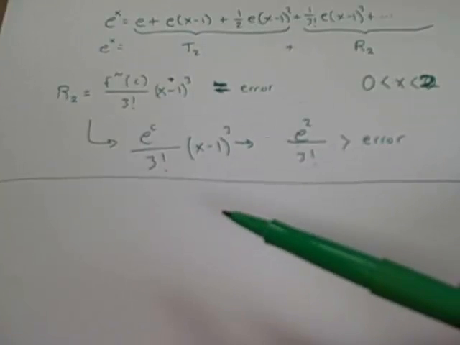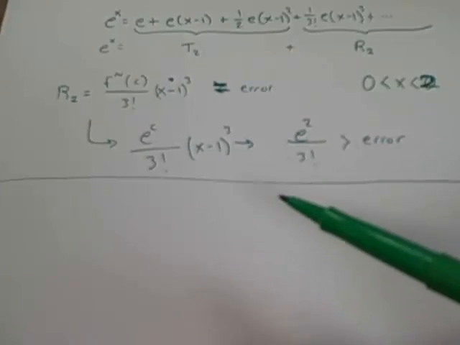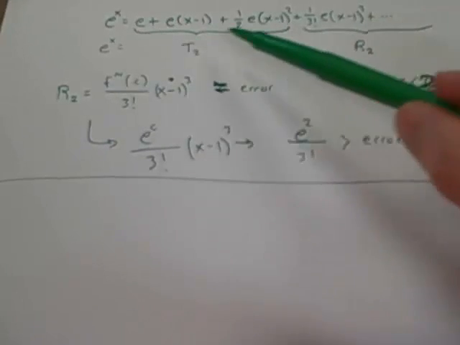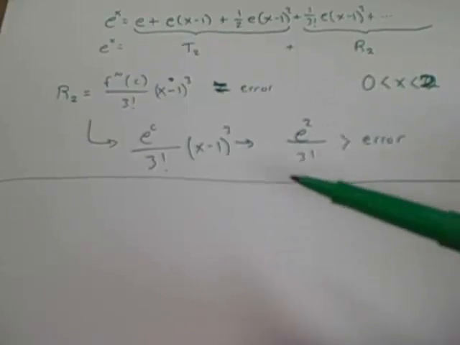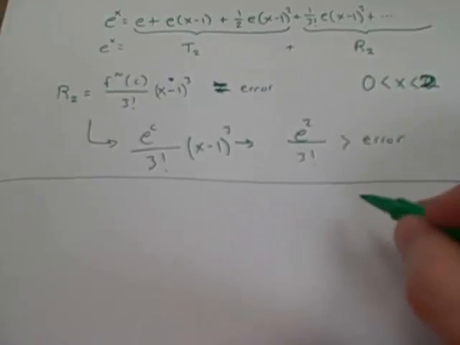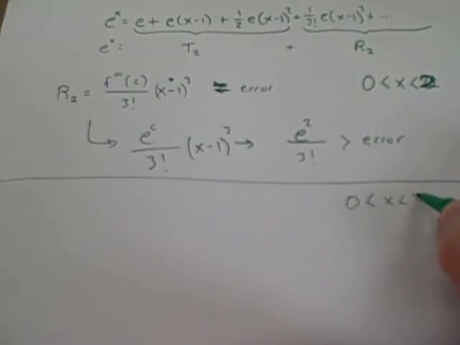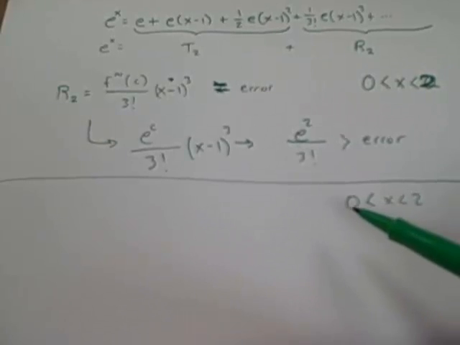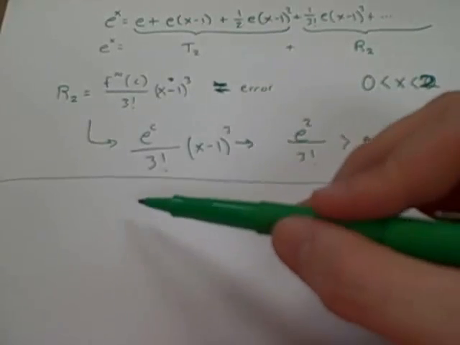Let's do an example where, if we want our error to be a certain size, we'll figure out how many terms we need in our Taylor polynomial if our approximation is going to be good enough. So let's say that x is going to definitely be between 0 and 2, and we want to force our error term to be less than 1/100th, say.